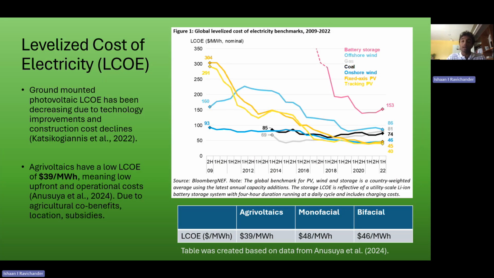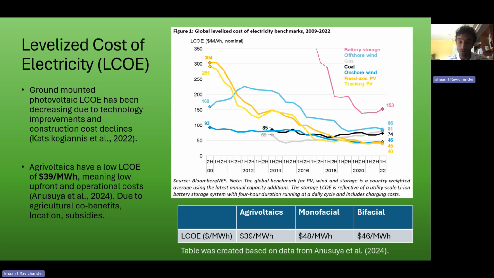Just a reminder, LCOE is a financial metric used to compare the cost of different electricity generation technologies. It represents the average total cost of building and operating a power plant over its lifespan divided by the total amount of electricity it's expected to generate. In simpler terms, it's the minimum price at which electricity must be sold to break even on all costs.